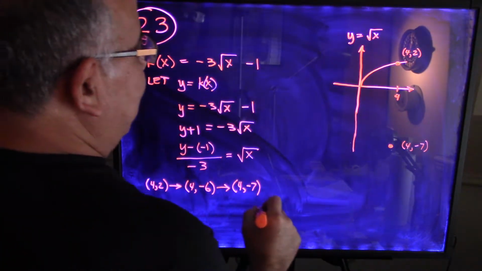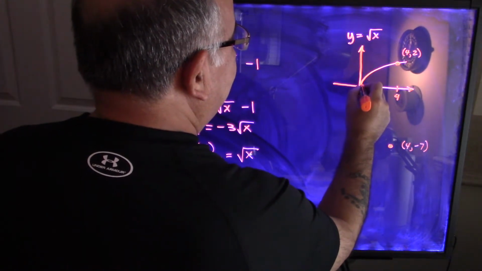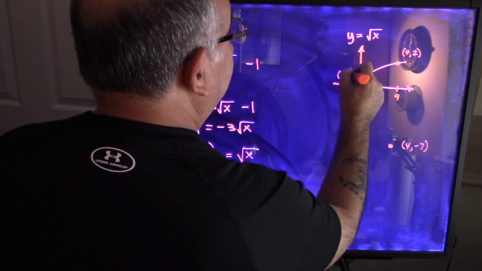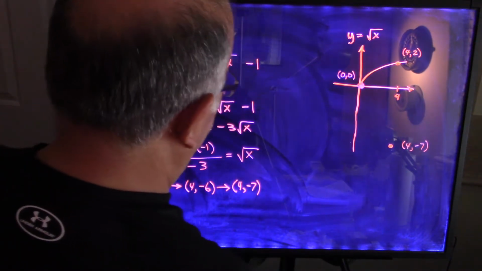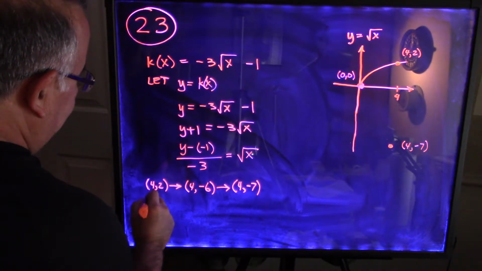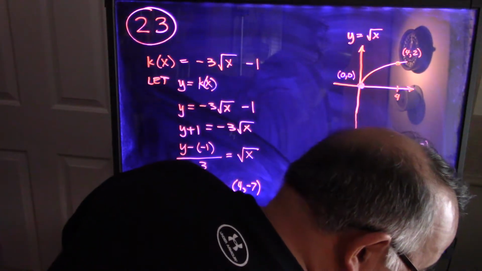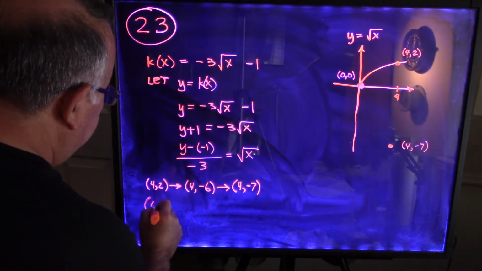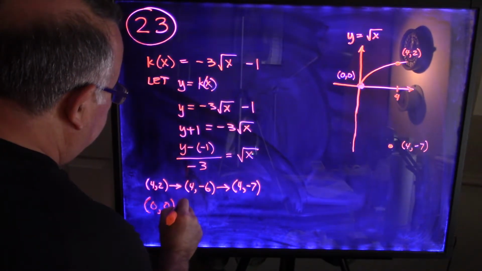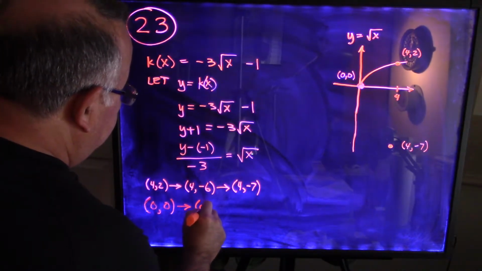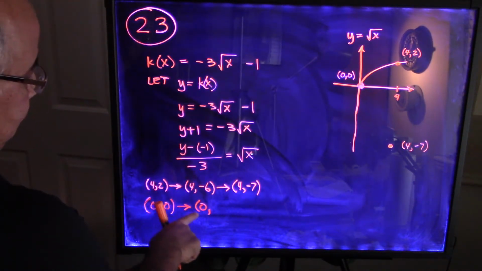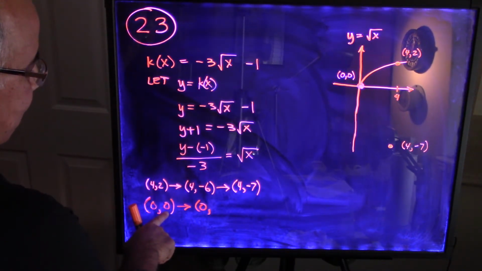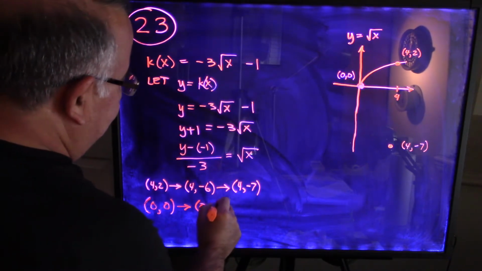Now what about the point 0, 0? What happens to 0, 0? The 0 y-coordinate is multiplied by negative 3, and that's still 0.